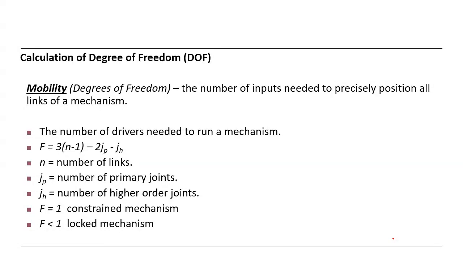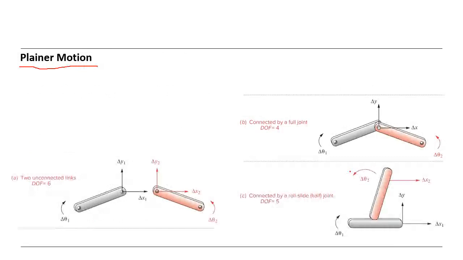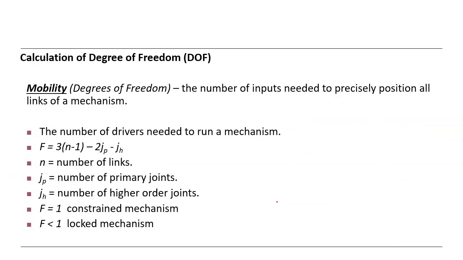So as far as I remember, we discussed also this part, so more or less it is repeating. So calculation of degree of freedom is now the important topic. We talked about the joints and links and members also, and now we are coming to the mechanism. So a mechanism like a 4-bar mechanism consists of 4 links like this.